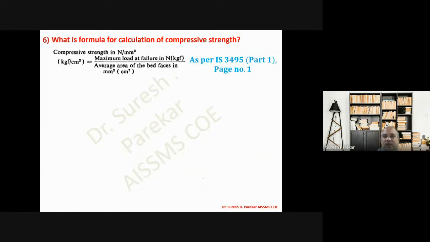What is the formula for compressive strength? Given again in the same code, it is maximum load at failure, in Newton because we have SI units, divided by average area in millimeters square, that is the area of the face. What is the classification of bricks as per compressive strength?